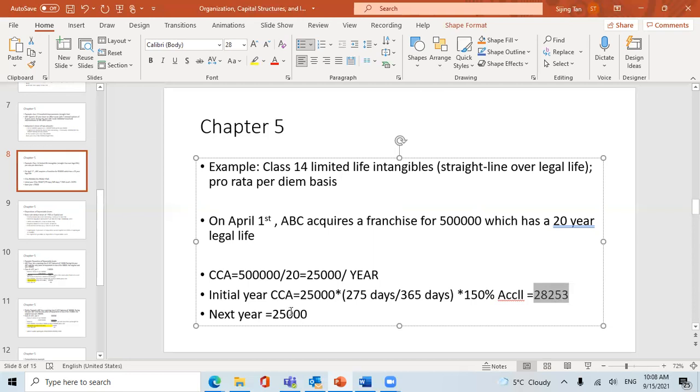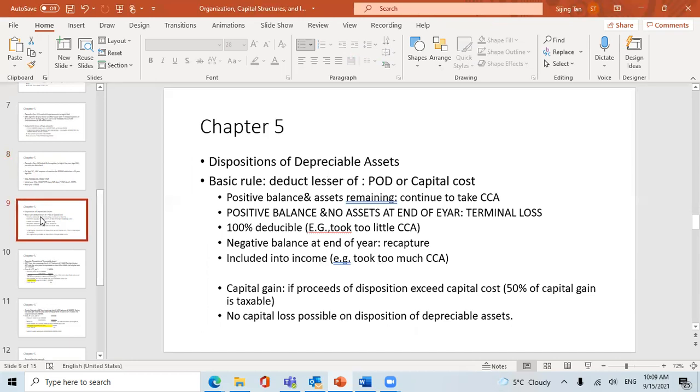And then the next year, you just follow the straight line rules, and you get $25,000 per year for CCA deduction. So this accelerated investment incentive rule again only applies for the acquisition year, the first year. Okay, so you can see that it's more than the CCA deduction for the rest of the years. So that's the class 13 and class 14 calculation examples under the accelerated investment incentive rules.